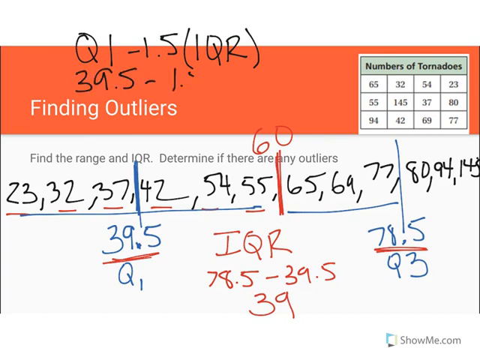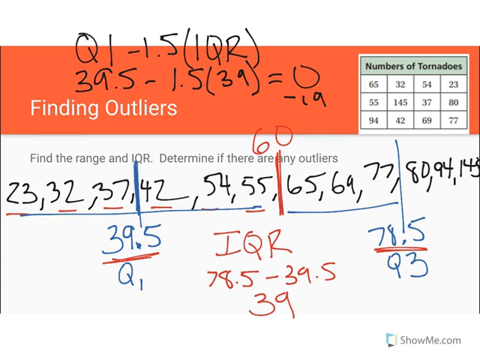If I subtract 1.5 times 39, we're going to get a number less than 0 here. In fact, 39.5 minus 1.5 times 39, I get negative 19. So anything less than negative 19 would be considered an outlier.